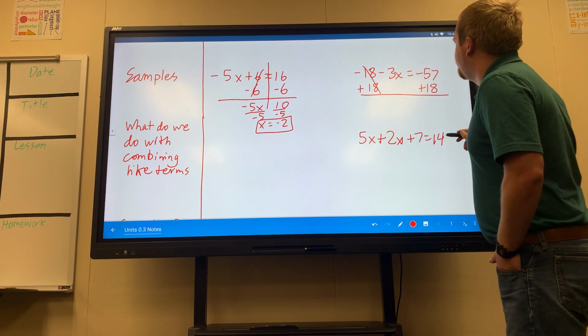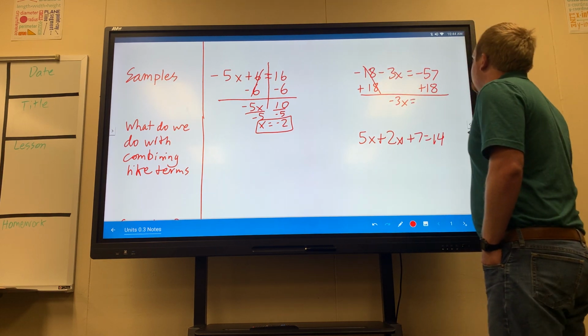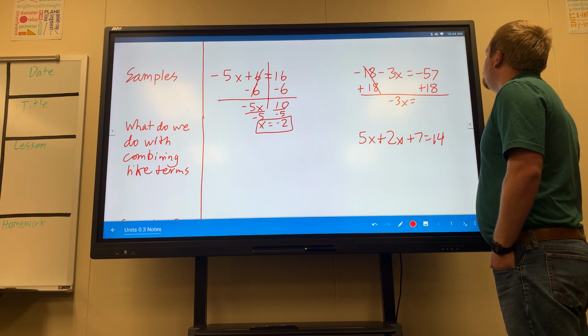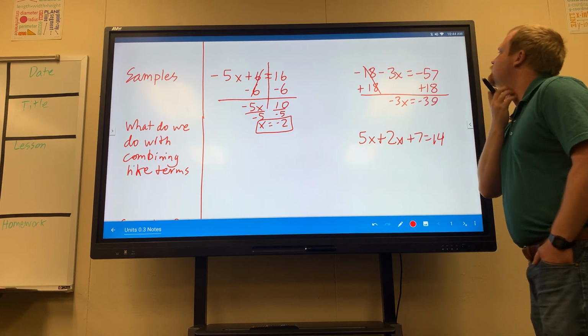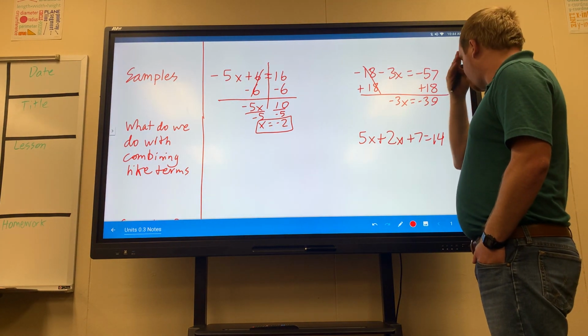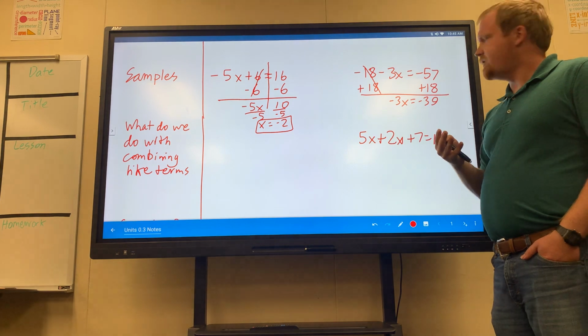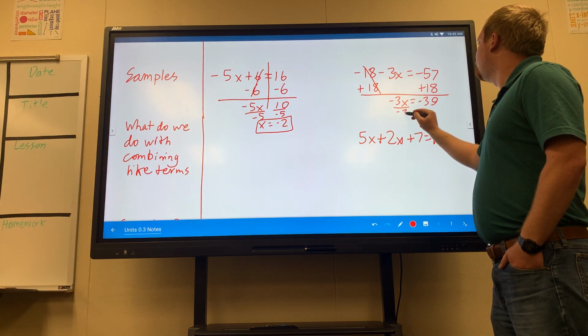The 18s cancel out. I'm left with negative 3x equals, give me a minute, negative 39. So negative 3x equals negative 39. Now, since I am multiplying, I want to divide both sides by negative 3.